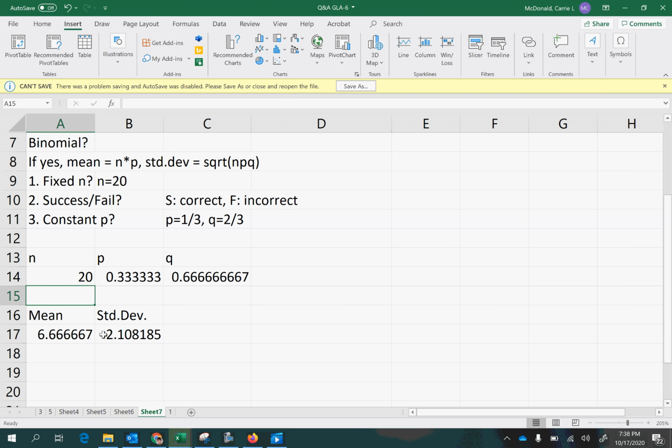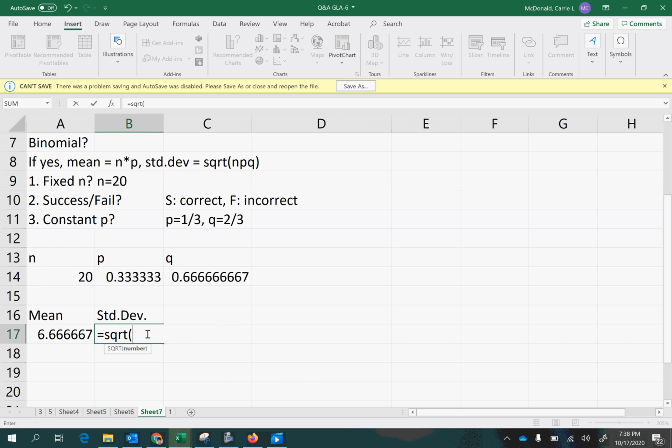So now when I go to do my mean, I can just do this cell times this cell, and messed that up. Try that again. Equals this cell times this cell, N times P, and this one, square root N times P times Q.